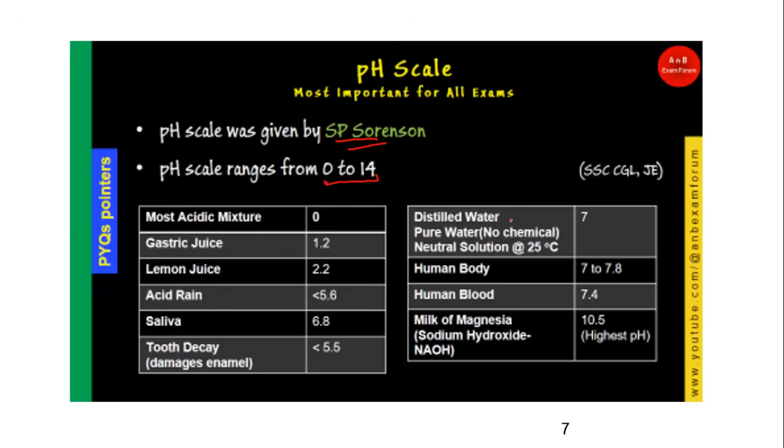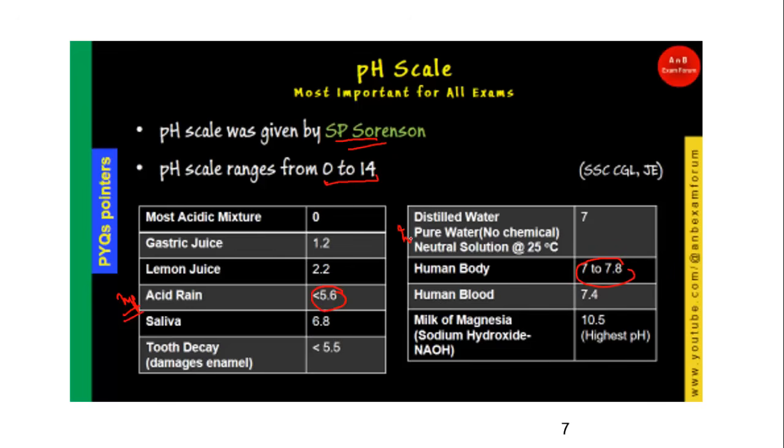Out of these, the important one is acid rain. Acid rain pH is less than 5.6. And human blood is 7.4, and the human body is around 7 to 7.8.